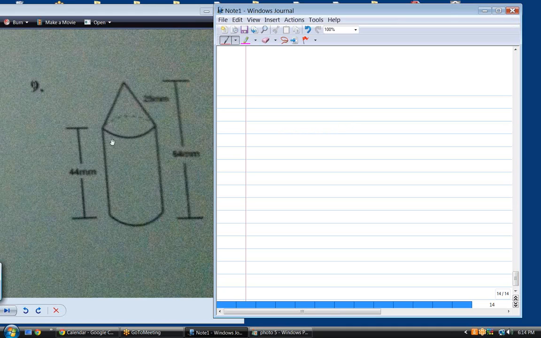Well, what do they give us? They give us the height of the cylinder, which is 44. They give us the height of the total pencil, which is 64, which makes the height of this part right here 20.